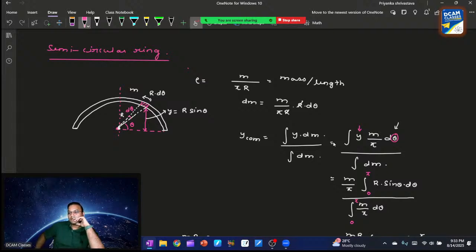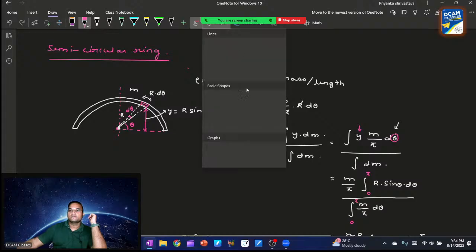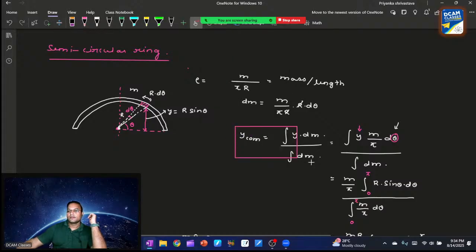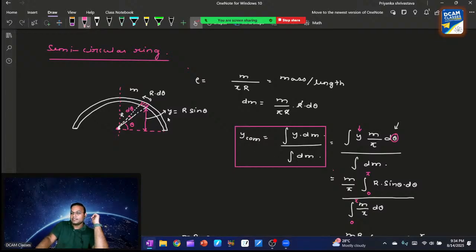Rest all things are easy. Just the application of this formula. Now see, the semicircular ring is okay.